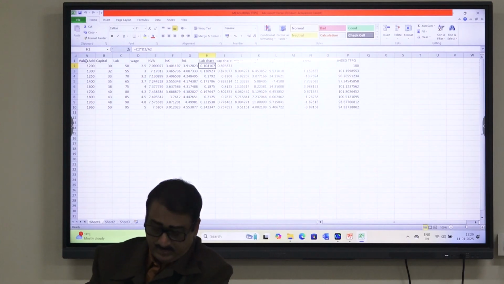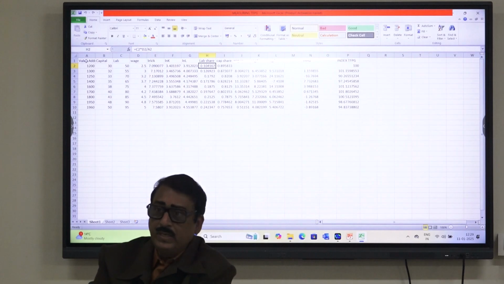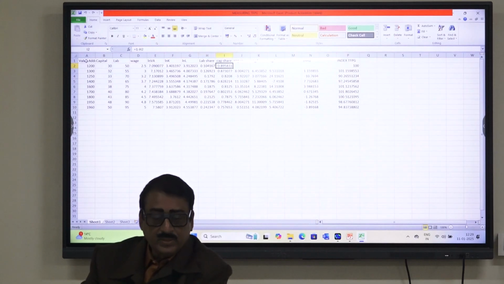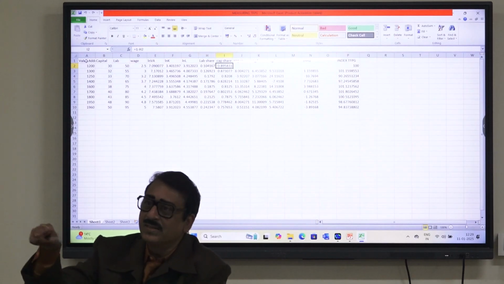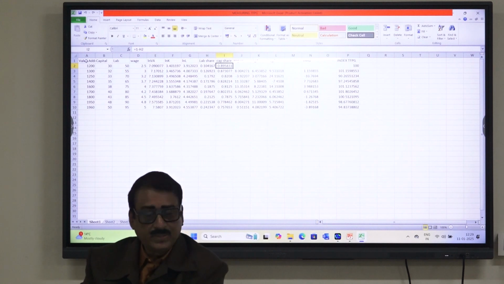Value added. Right. So this is my labor share, C into D divided by A. Once I know labor share, I can work out capital share. 1 minus labor share is capital share. Right? 1 minus H. That is my capital share.